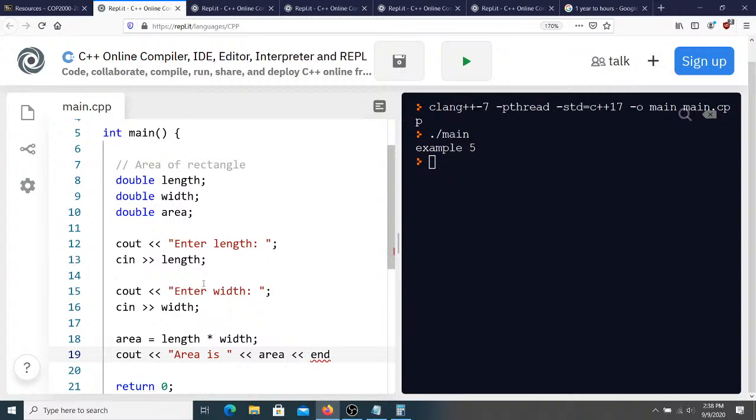Shouldn't be anything that interesting. I think we've actually done this exact problem before, and let's just confirm it works. Everything looks good.